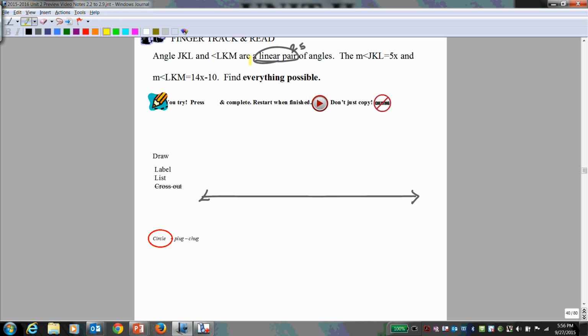If you take a very close look, you should have noticed that KL and LK is the common ray here. So that means that that is going to be the middle hinge. So I have J, K, L. I'm going to do that one in blue.